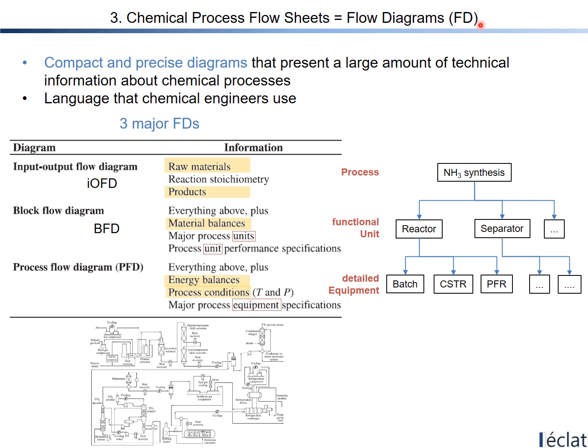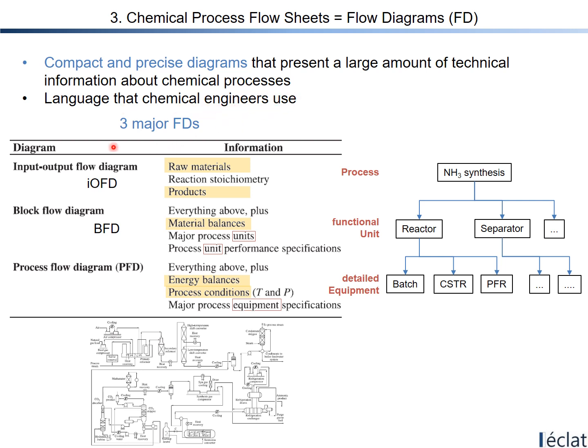The FD, or flow diagrams, are compact and precise diagrams that present a large amount of technical information about chemical processes, which could be considered as a language that chemical engineers use.